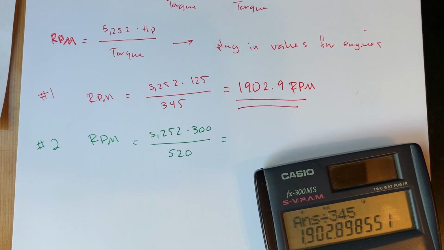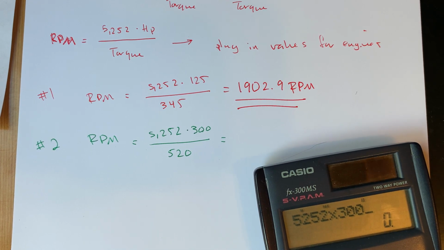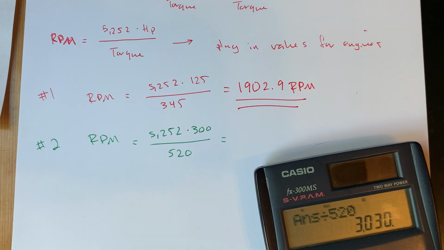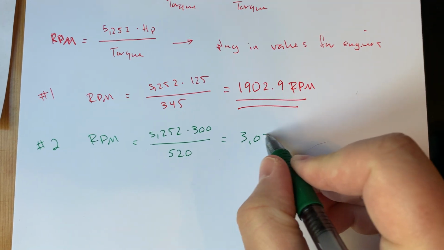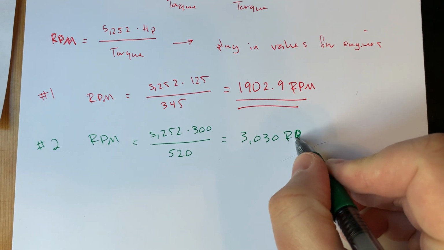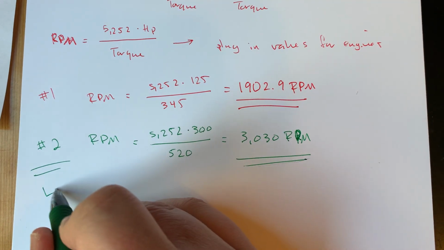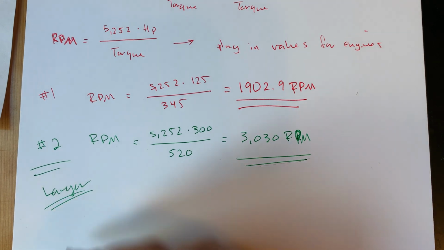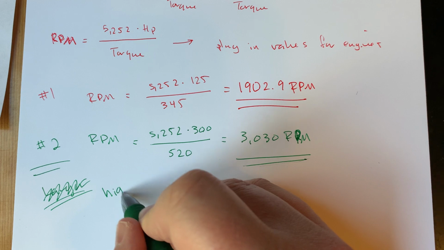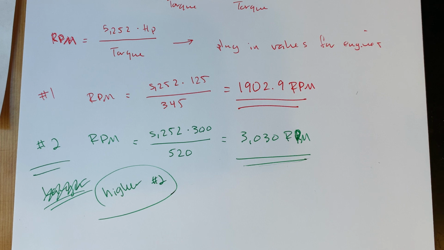So quick number crunch. 5252 times 300 divided by 520, 3030. Oh, that's much bigger. 3030 RPM. So engine number 2 is spinning at a higher RPMs, right? I shouldn't say larger. I should say higher RPMs are for engine number 2.